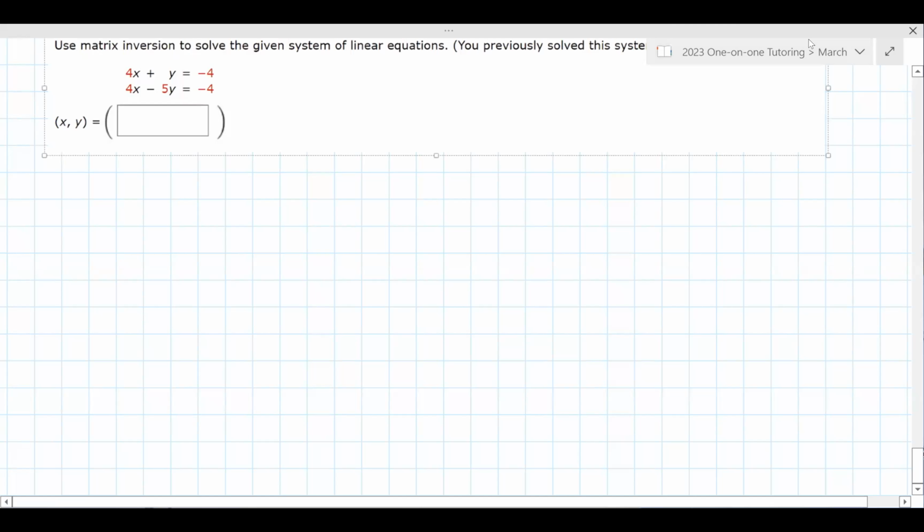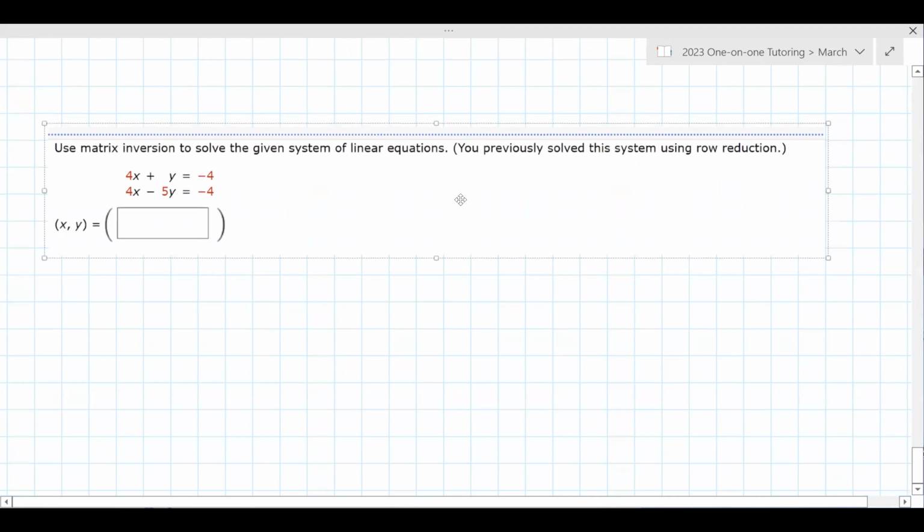All right, now it says here to use matrix inversion, like they're telling you, you must use this method. If this were a WebAssign test, you could just use any method you want, but because you have to show this method, you have to do it the way that they're requiring. So the first thing to do is write the coefficient matrix, the one on the left here.